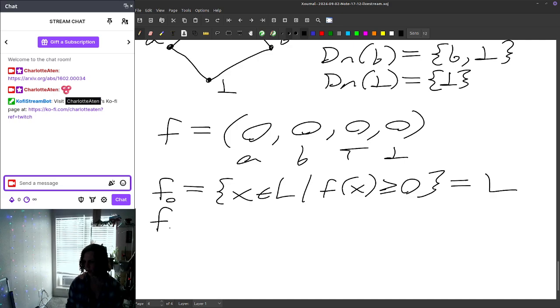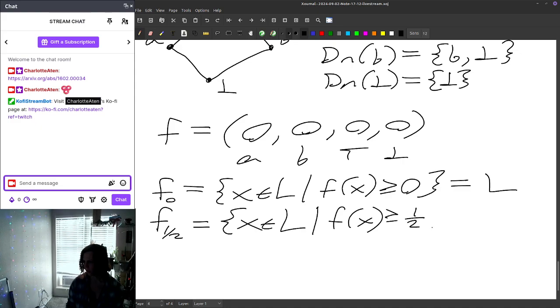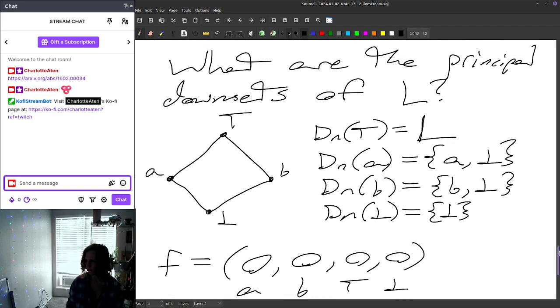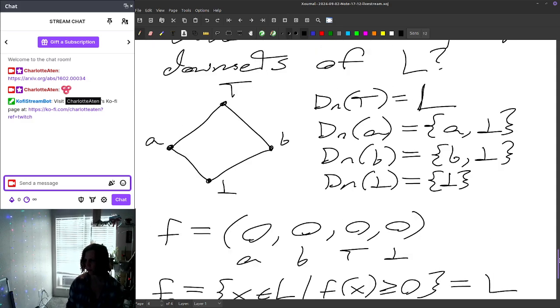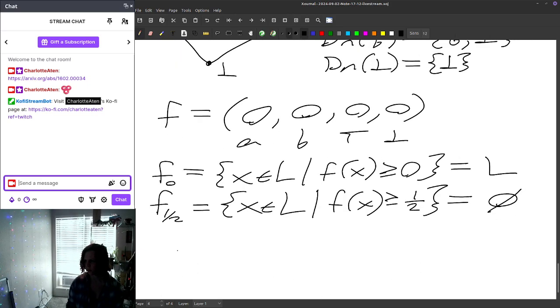But then if I take f sub 1/2, for instance, I'm going to get all of the x's so that f of x is greater than or equal to 1/2. But this condition never occurs because none of these are greater than 0. So this is actually just equal to the empty set, but that's not one of our principal downsets. So this f is not the type that we want to consider. So this f is bad.